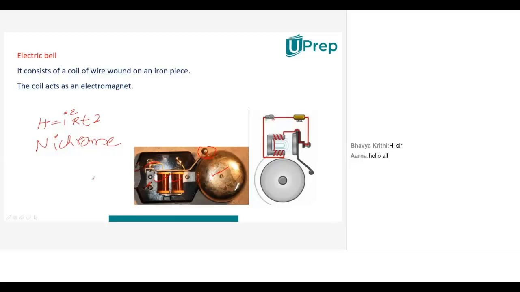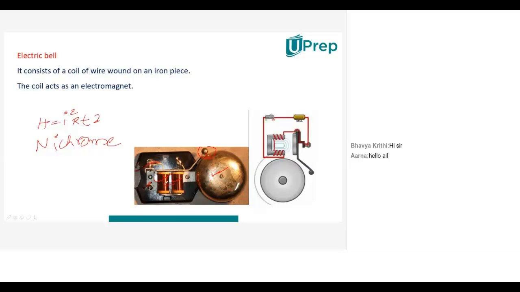Right. Now here two coils are there. See, Arna, two coils are there. If current flows through them, they will behave like a magnet. This current will be connected to this big jar-like thing. When current flows through it, it will behave like a magnet.